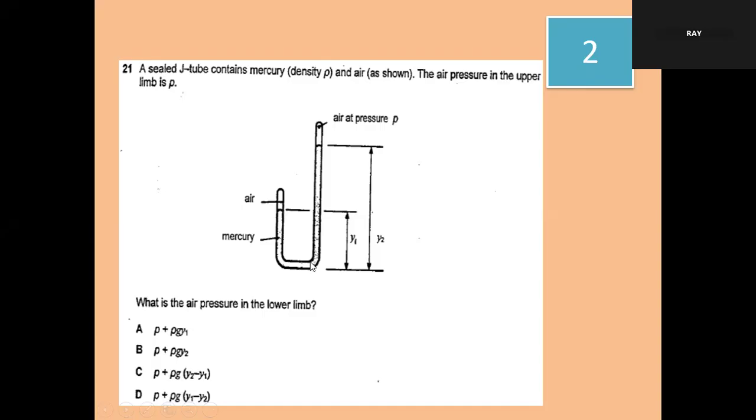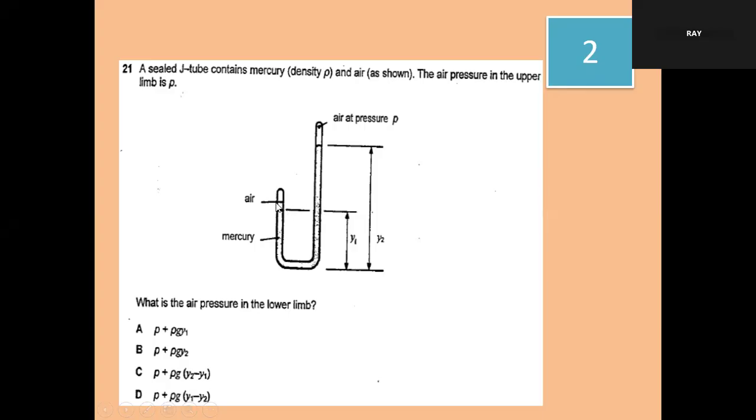This is the mercury level up to here. You want to find the air pressure in the lower limb here. See the pressure at this level.